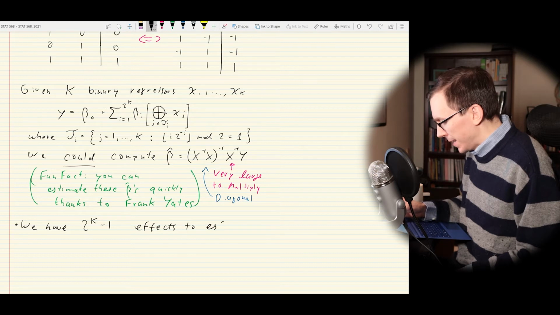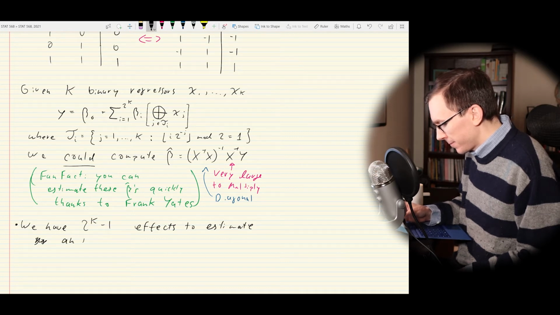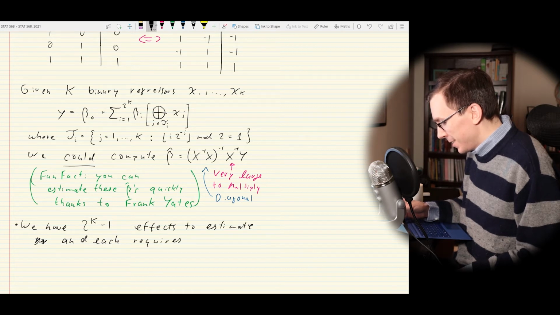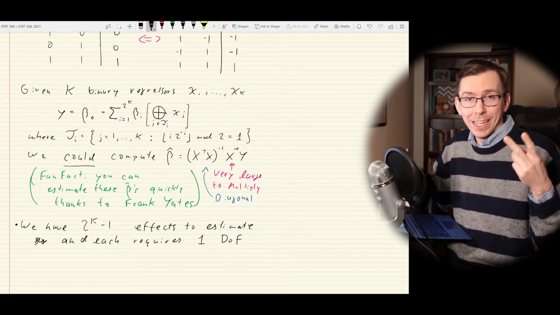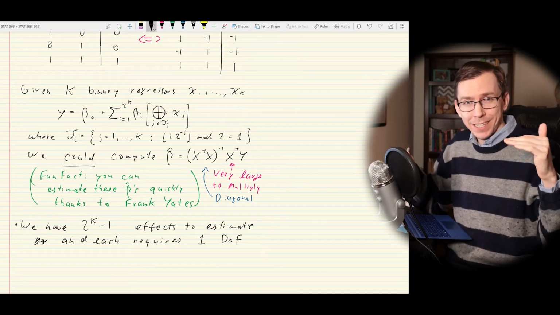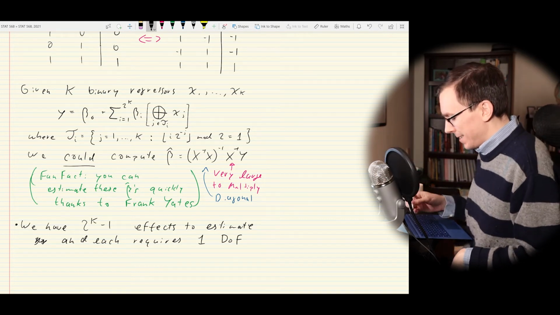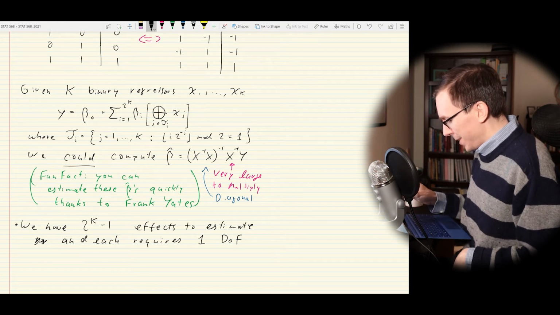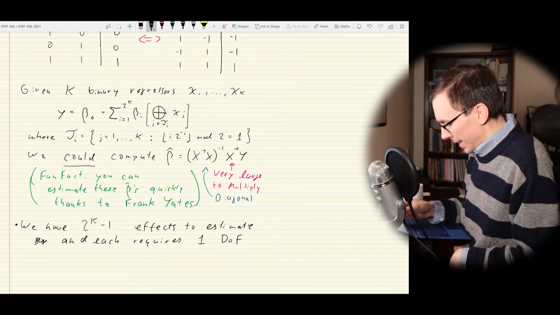Each requires 1 degree of freedom, because it's a binary factor with 2 factor levels, minus 1 is 1 degree of freedom. So we have 1 degree of freedom for every main and every interaction effect.